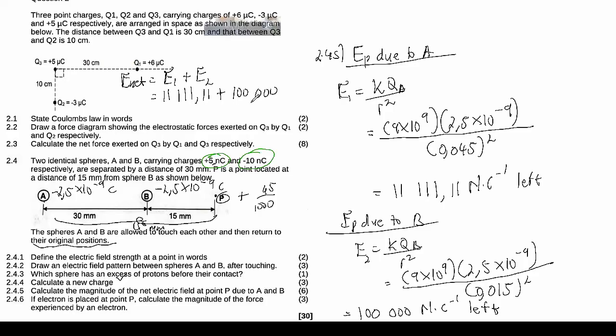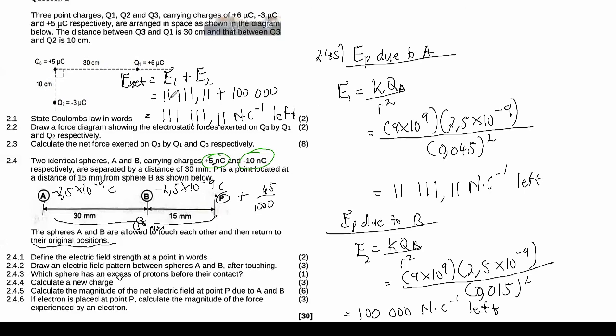We have 100,000 plus 11,111.11. Then this should give us 111,111.11 Newton per Coulomb. To which direction? Left, left.